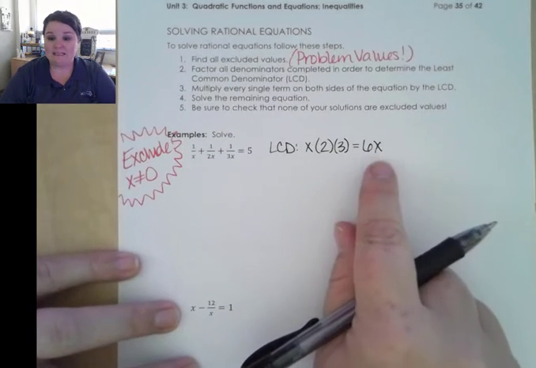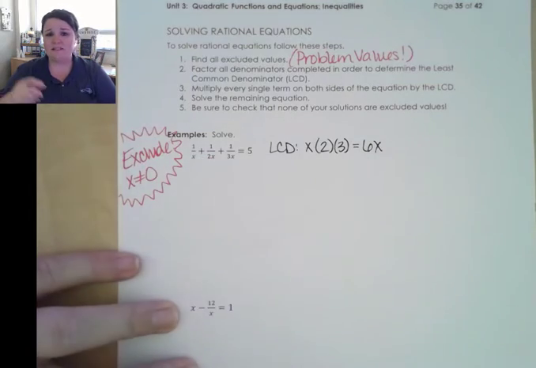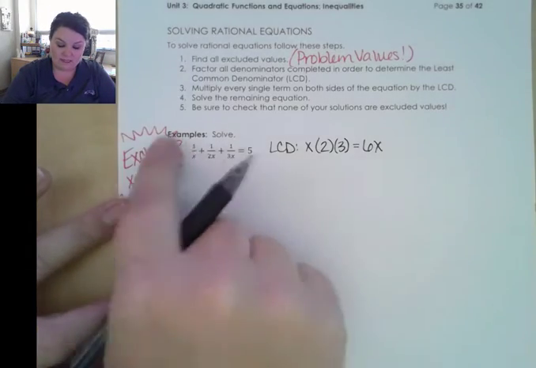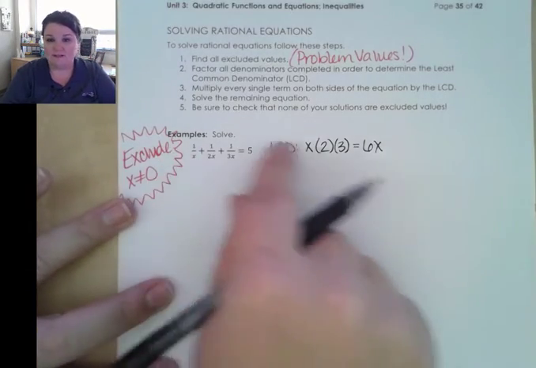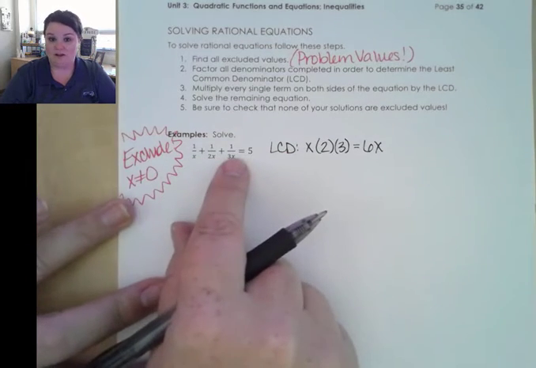So I'm going to take 6x and multiply it on both sides. As long as I multiply by the same thing on both sides of the equation, I maintain equality. So instead of saying this whole side by 6x and this whole side by 6x, I'm going to write the 6x next to each individual term.